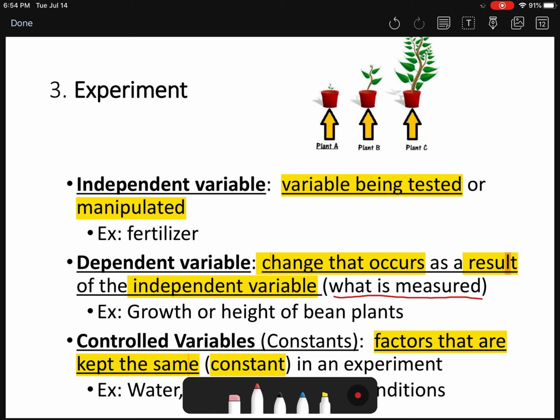It needs to have the same sunlight. It needs to have the same type of soil. We better be using the same type of seed, the same type of plant. Keep it in the same conditions. We better water it the same amount. Okay? The only one thing, whenever you're doing a controlled experiment, you only want to have one independent variable. You only want to change one thing, and that's what you're going to be testing. Okay?